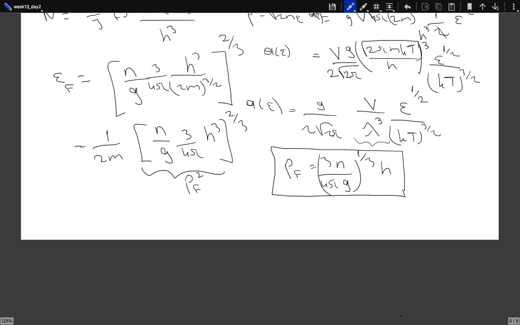Now, typical values for these parameters: the Fermi energy is typically of the order of electron volts, which corresponds to 10 to the power 4 Kelvin, the corresponding temperature. Now, the typical speeds are of the order of 10 to the power 6.